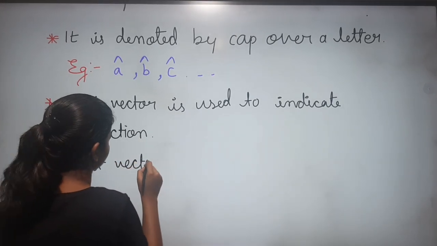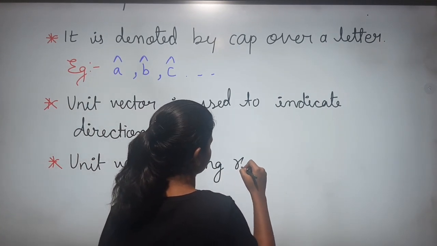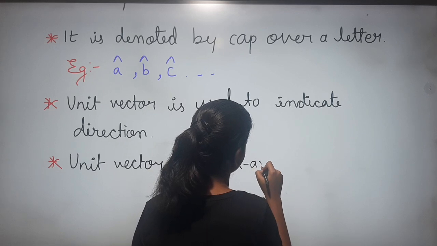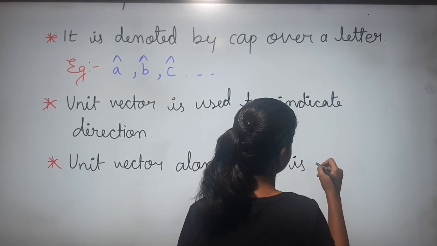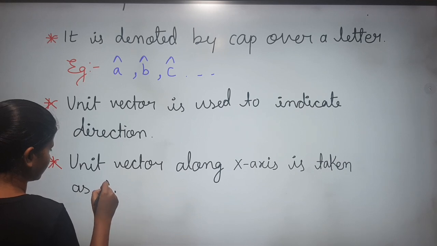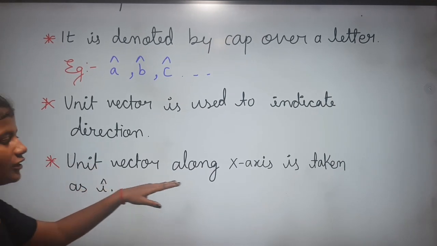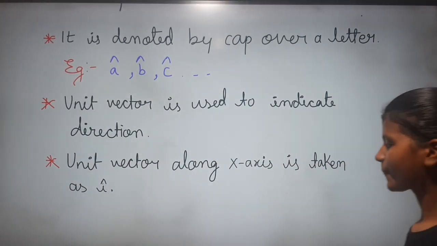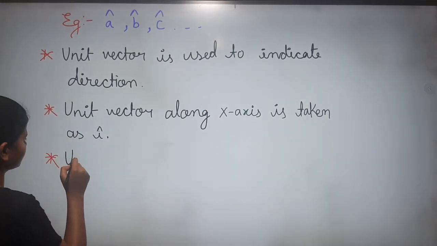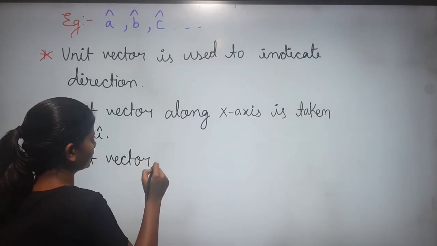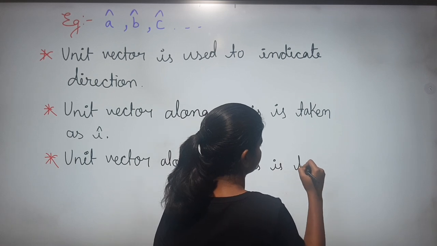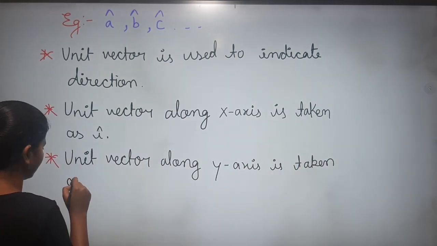Now move to our third point. The unit vector along the x-axis is taken as i cap, and the unit vector along the y-axis is taken as j cap.